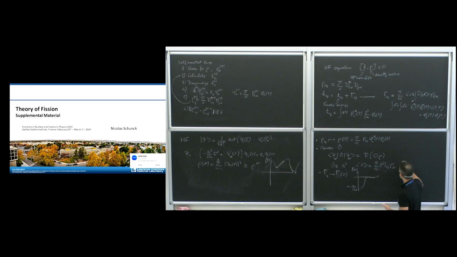In coordinate space, your expectation value would be the integral over space of your operator, which is now a function of r, times the density. It's kind of a trace, but mathematicians would not really agree with that.